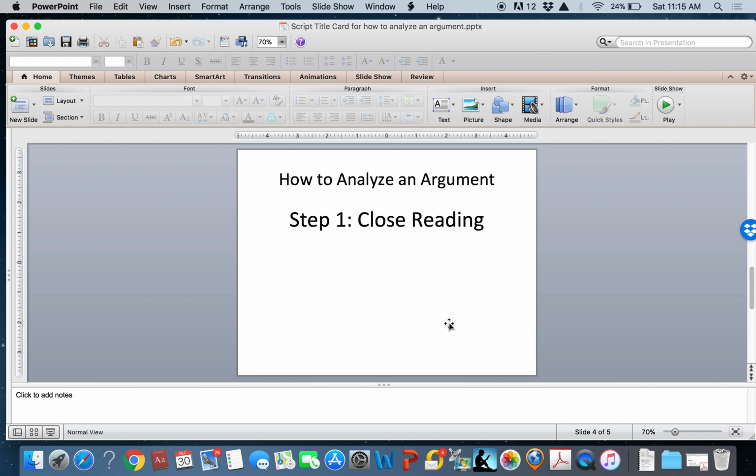The writer's tone or voice is also an important piece to an argument that may or may not contribute to the overall persuasiveness of the writing. So as we conduct a close reading of the text, we're going to look for these pieces and see what impact, if any, they have on the persuasiveness of the argument.